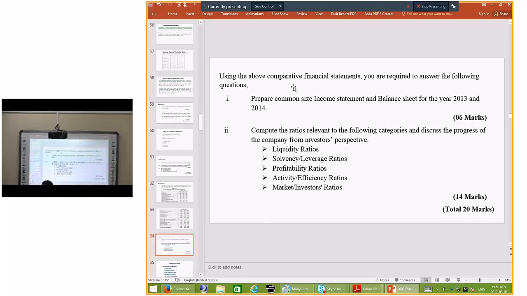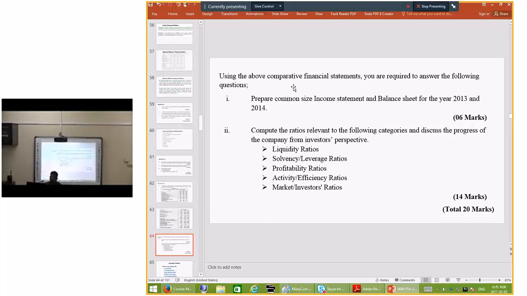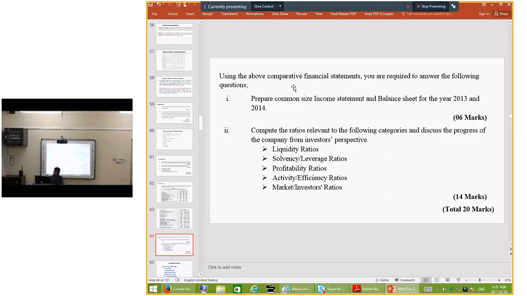Then you can see the percentages and compare two years or two organizations. Also you can interpret the results, the important progress or improvement, or any adverse or favorable trend, through the common size ratios.